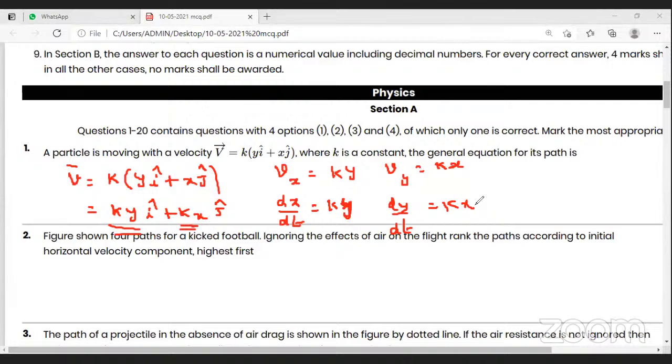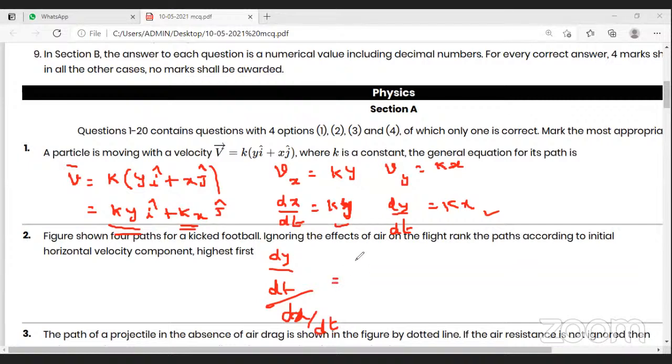About the time t, nothing was given in the question, and we also have no need to calculate anything related to time. So better I will write equation 2 by equation 1. What is that? dy by dt by dx by dt.